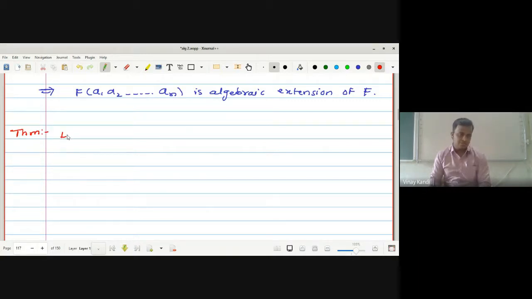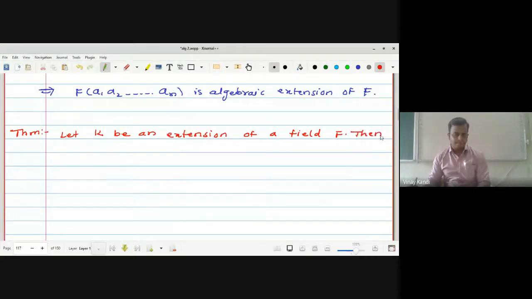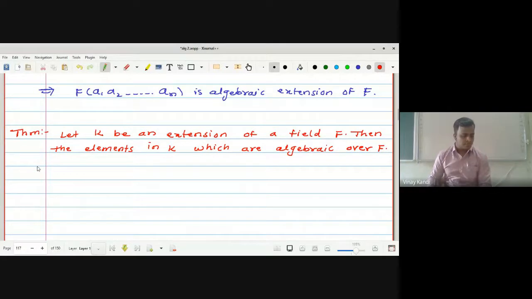Let capital K be an extension of a field capital F. Then the elements in K which are algebraic over F form a subfield of K.